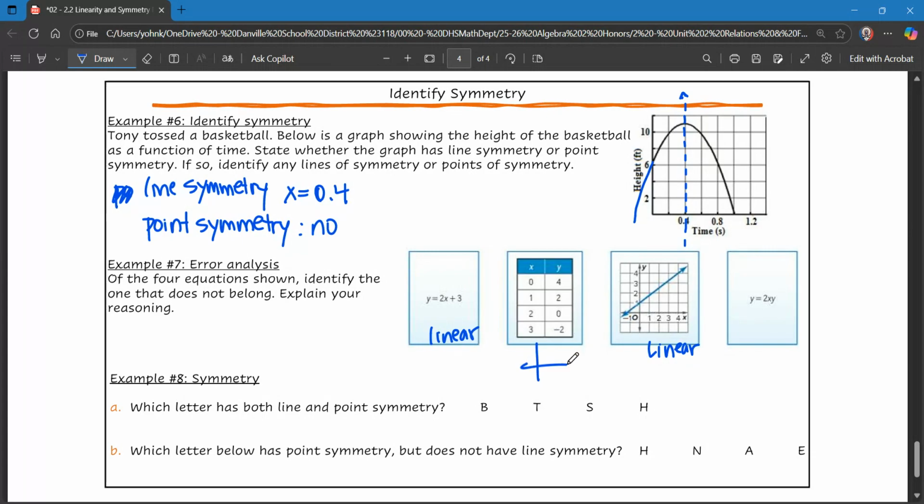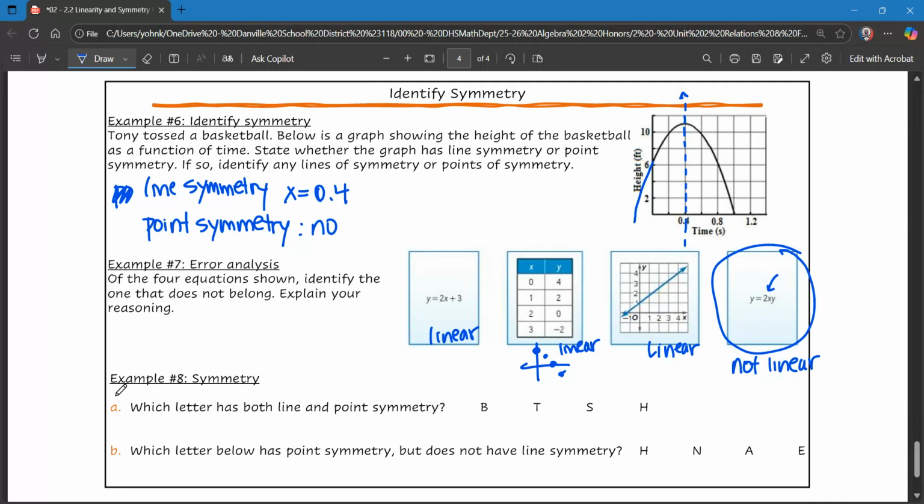Let's see if I graph this one. (0, 4), (1, 2), (2, 0), (3, -2). That one looks linear. And if I look at the last one, not linear because you have 2 variables multiplied together. So this one is the one that doesn't belong, and this one is not linear.